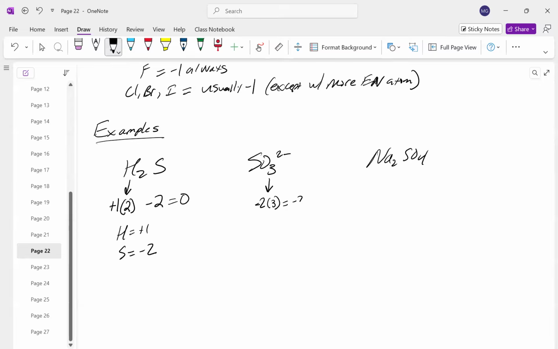But I'm dealing with a polyatomic ion whose charge is -2, so the oxidation states have to add up to that. So what does that mean sulfur is? Well, sulfur has to be +4. So oxygen is -2, sulfur is +4. Notice in this case, sulfur has a different oxidation state depending on the type of compound it's in.